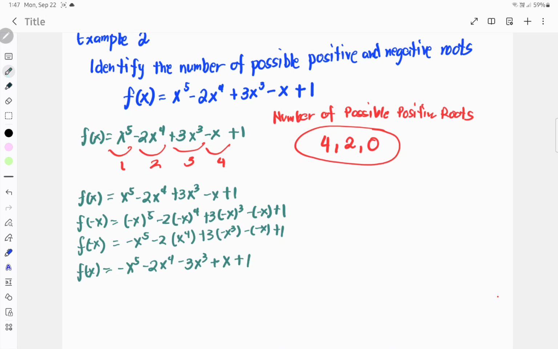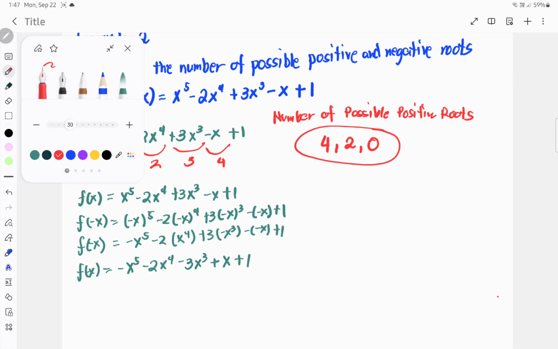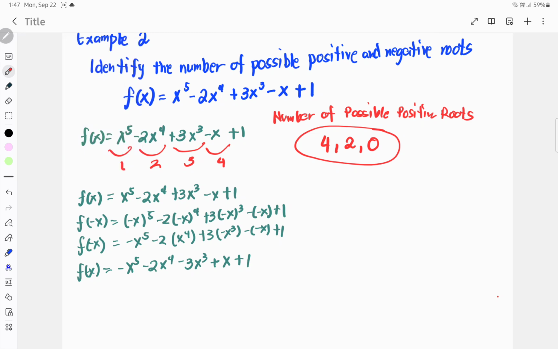So let's count the number of variations. As we can see, when we count that, there would be 1 variation, if I'm not mistaken.